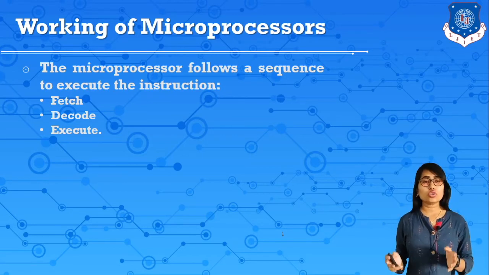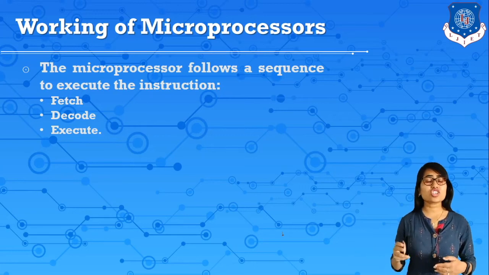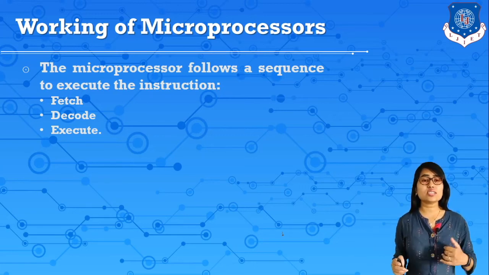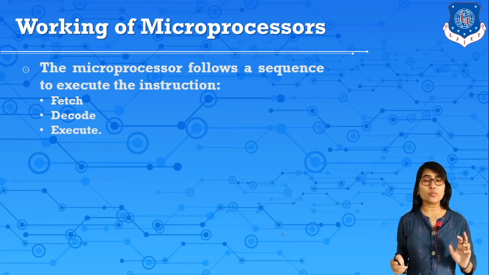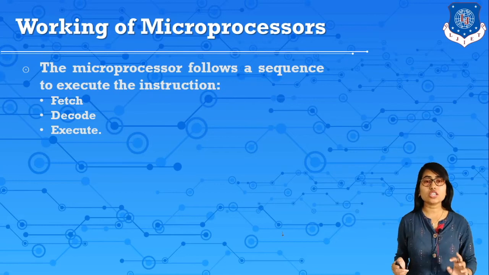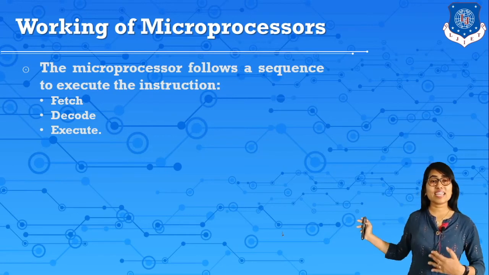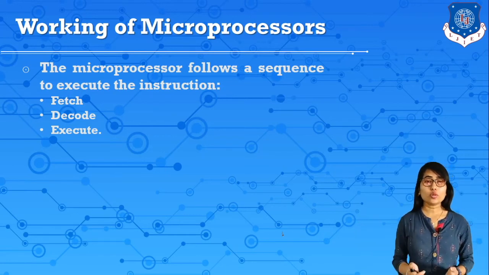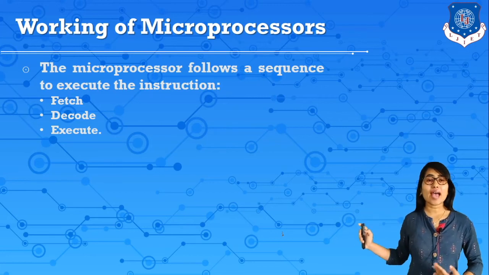If we fetch the instruction ADD, this instruction is decoded by the control unit. The control unit provides binary patterns related to this instruction, and according to that binary pattern, the operations applied to the processor are then executed. So a microprocessor follows the sequence fetch, decode and execute for any instruction.